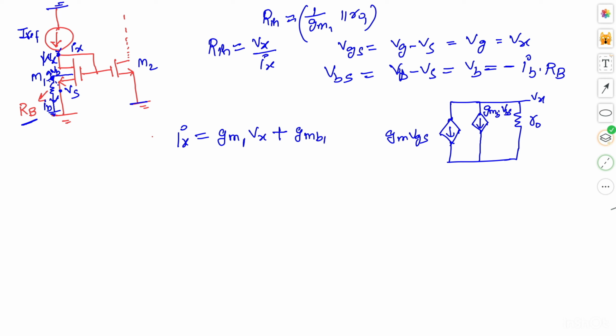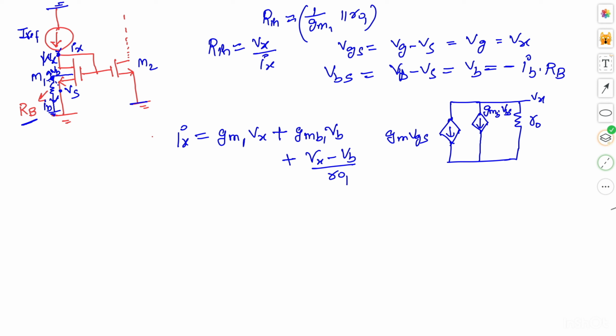I mean GMB is the transconductance of bulk and 1 signifies this is for MOS M1, into VBS, again source is 0, so I can write it as VB. And the third current will flow because of this internal resistance R01. So the current flowing there because of R01 will be equal to Vx minus VB upon R01.